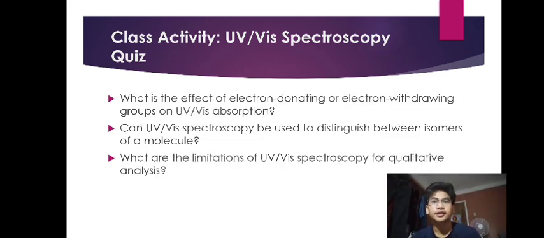Now, for your class activity, I have proposed some questions, and the first one to raise their hand will have the chance to answer. Number 1. What is UV visible spectrometry? Correct. And what are chromophores? Yes. And how does conjugation length affect the absorption of a molecule?